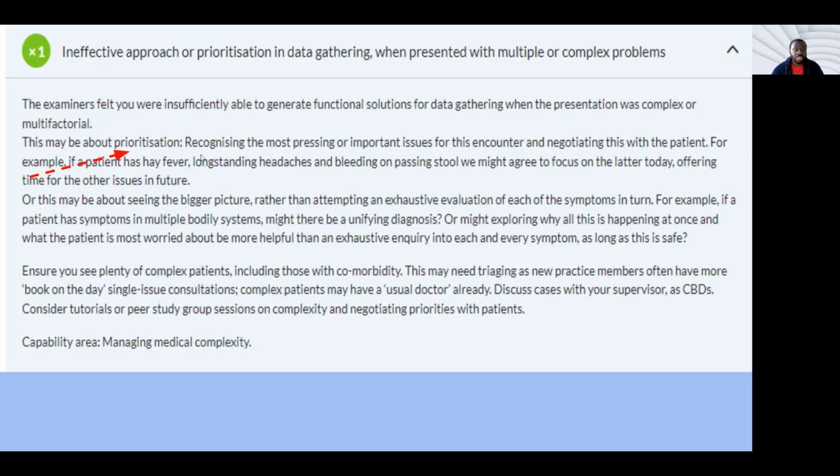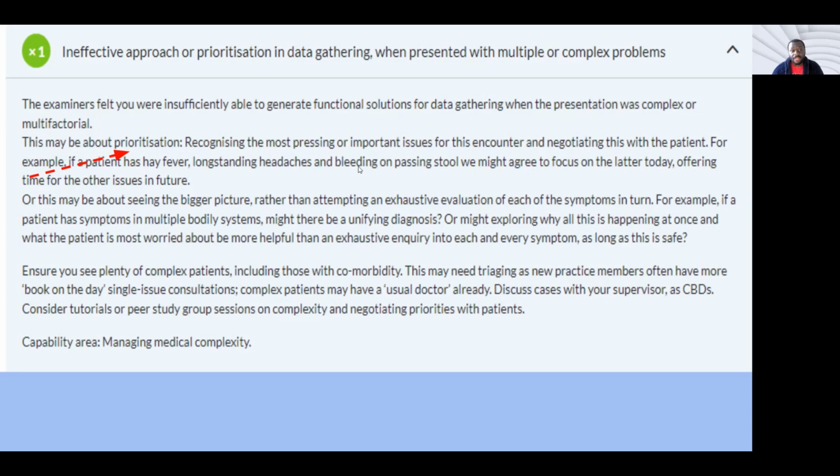This may be about prioritization, recognizing the most pressing or important issues for this encounter and negotiating with the patient. For example, if a patient has hay fever, long-standing headaches, and bleeding on passing stool, we might agree to focus on the latter today.